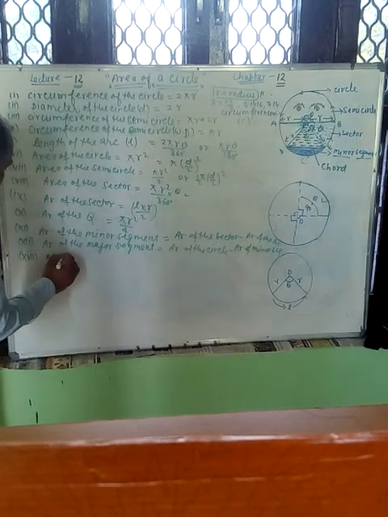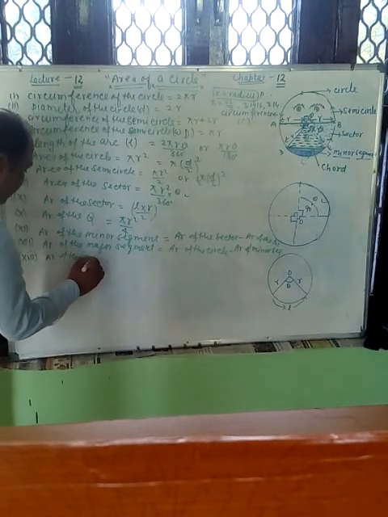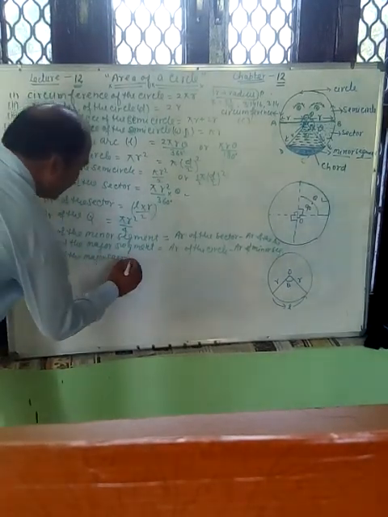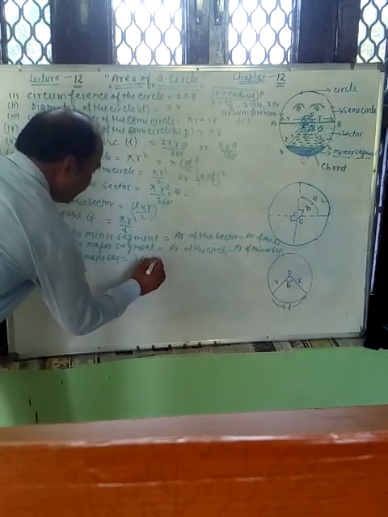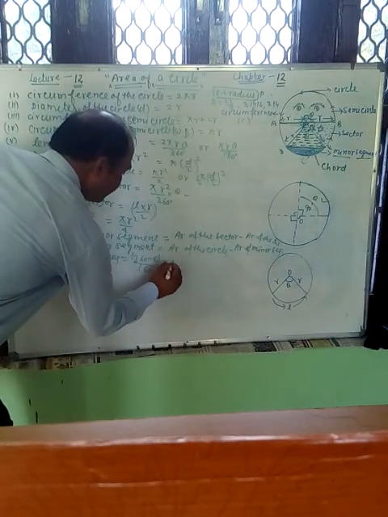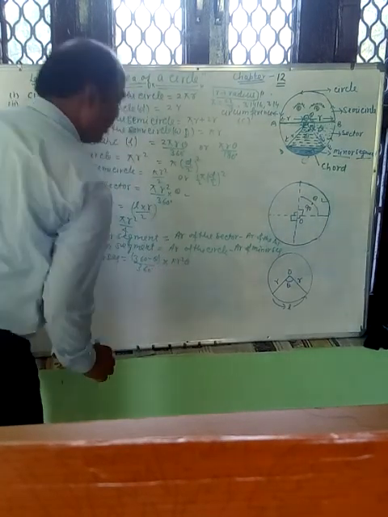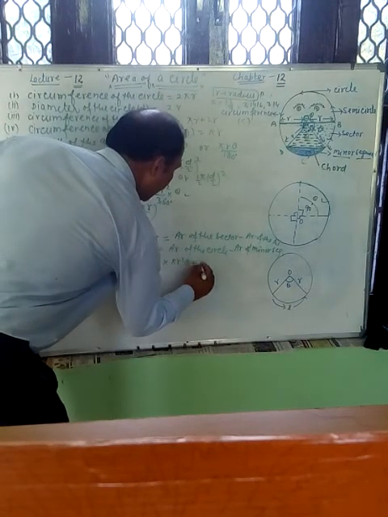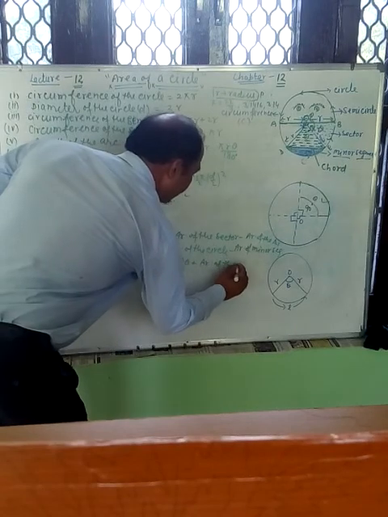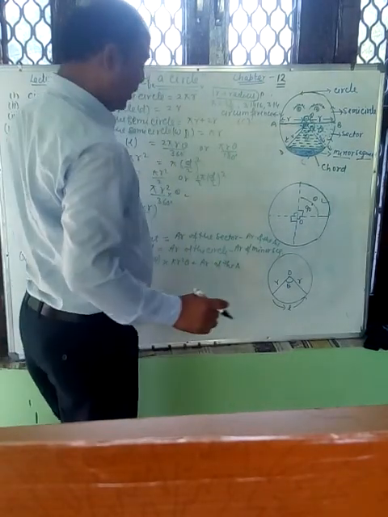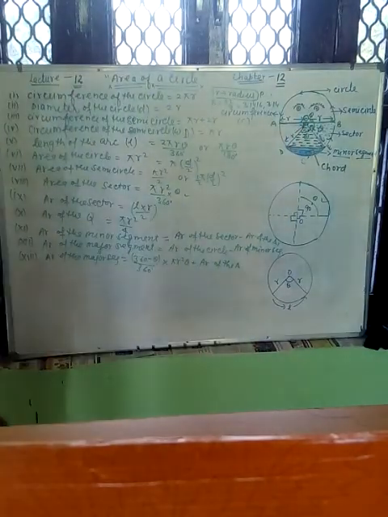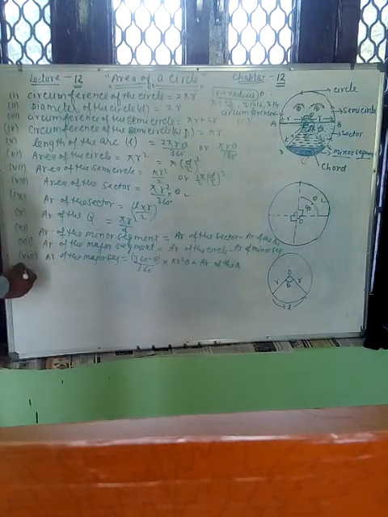Area of the major segment is equals to 360 degrees minus theta upon 360 degrees into pi r square, plus area of the triangle. Okay, area of this triangle plus area of the major sector. Okay.